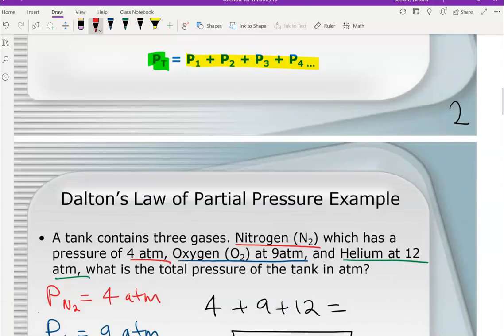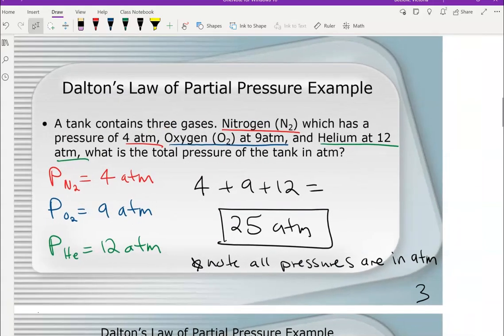Now, of course, if you're doing this, you want to make sure that all of your units are the same, right? You can't add together different units for pressure. So let's say here we have a tank that contains 3 gases. We have nitrogen gas, which has a pressure of 4 atm, oxygen gas, which has a pressure of 9 atm, and then helium gas, which has a pressure of 12 atm.